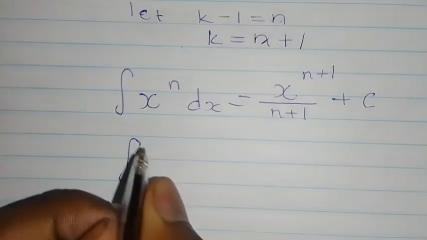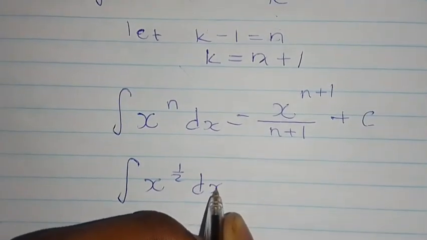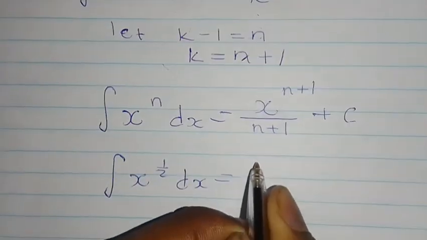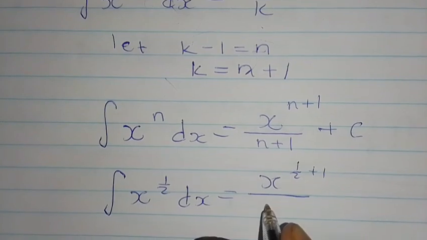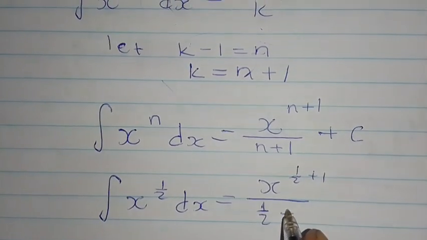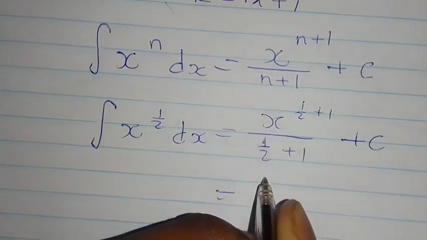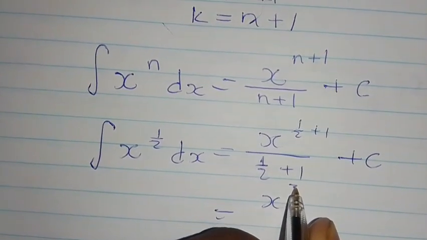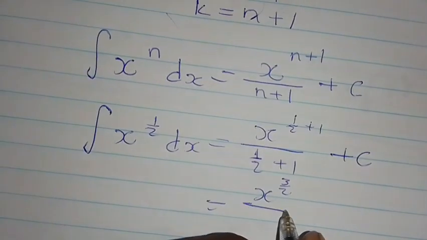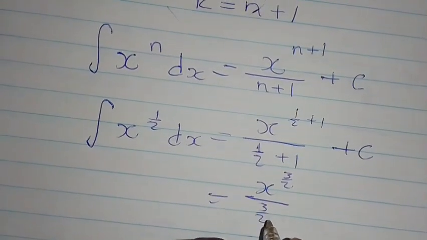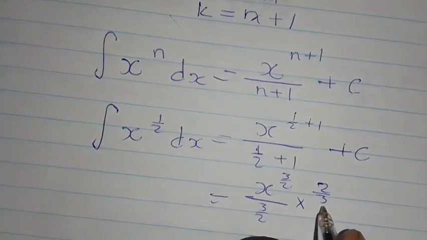This means that if I have the integral of x to the half dx, this will be the same as x to the power half plus 1 divided by half plus 1, plus a constant. Then this will be the same as x to the power 3 over 2, since 1 over 2 plus 1 is 3 over 2, divided by 3 over 2. Then you can multiply both the numerator and the denominator by 2 over 3.